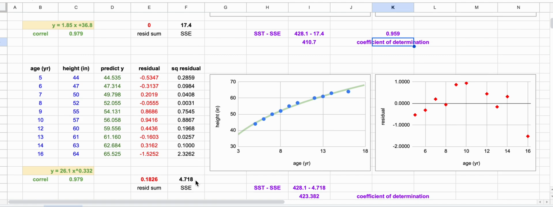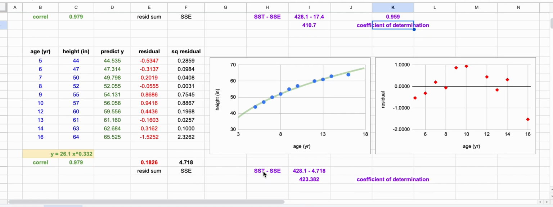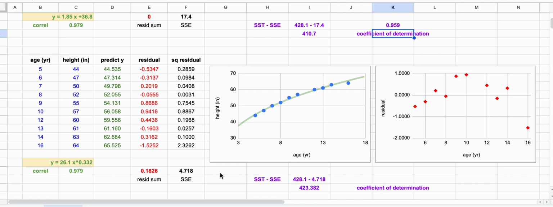So let's see what the coefficient of determination is. Now here, because it's a curved model, this correlation number, which is a measure of linear association, we really can't use here. We have to go back to the more basic idea for the coefficient of determination. We start with the total amount of error. So there was 428.1.